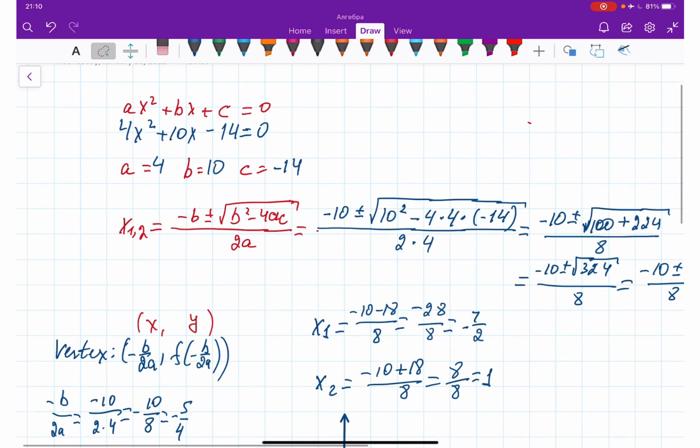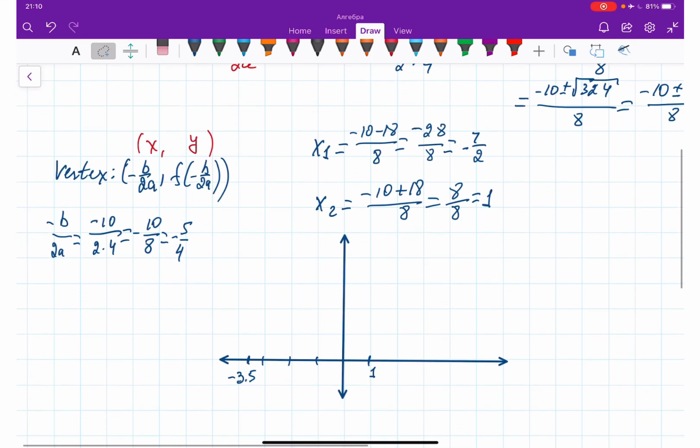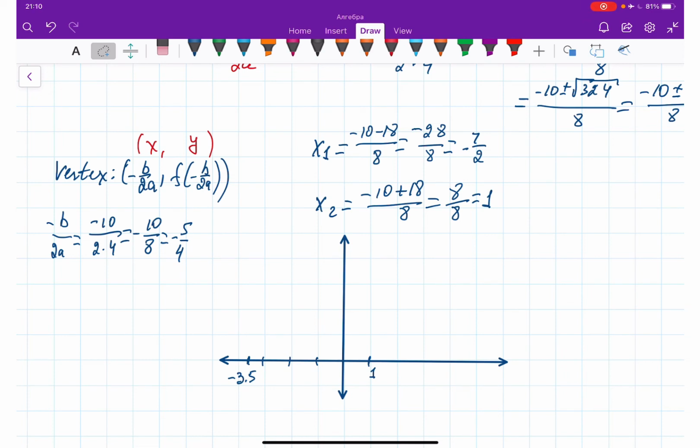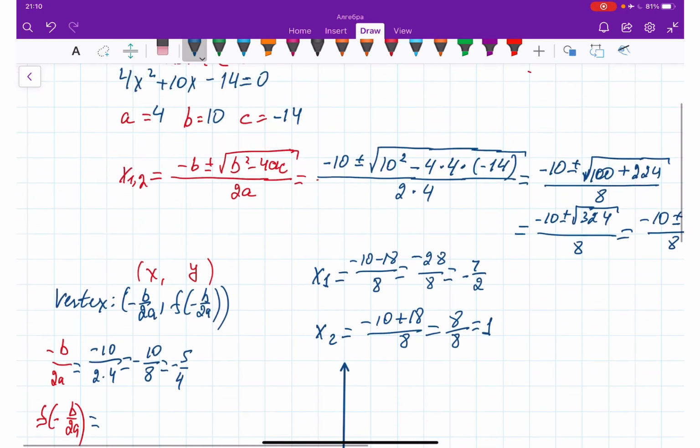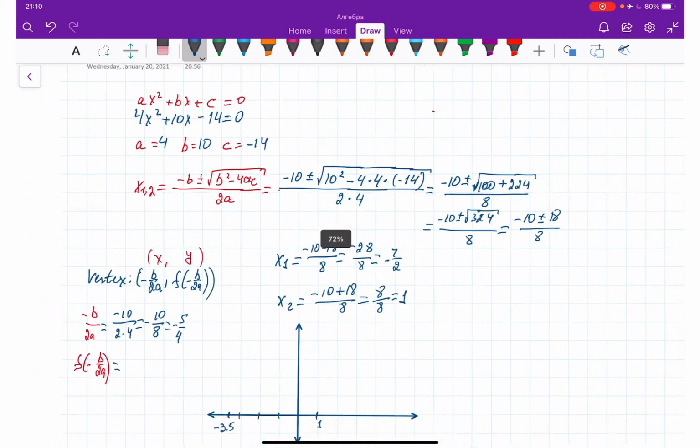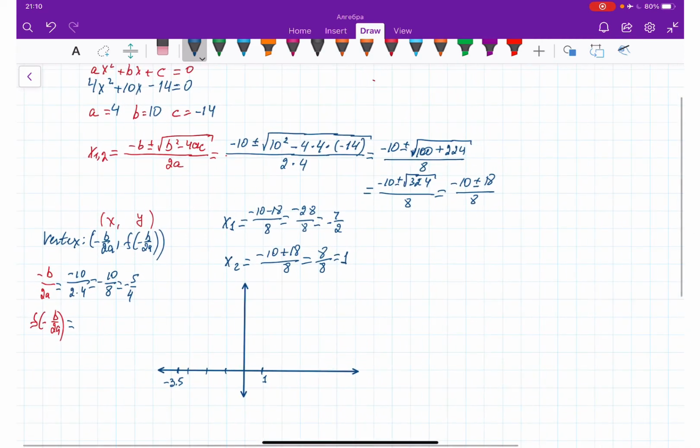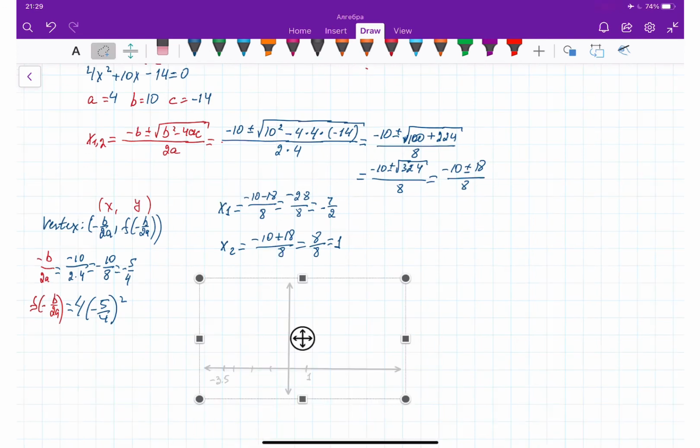So this is our value of negative b over 2a. Now let's find the function f of negative b over 2a. That is going to be equal. I'm plugging negative 5 over 4 into this equation. So 4 times negative 5 over 4 squared.